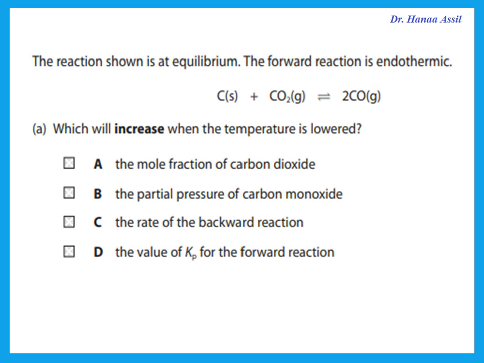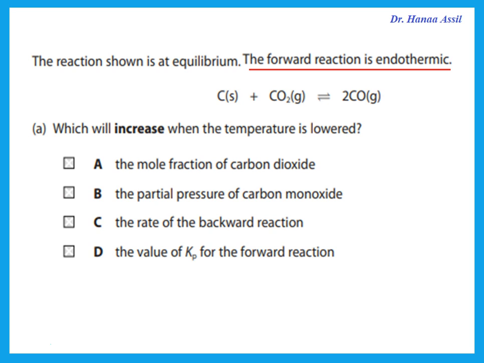Another question, the reaction shown is at equilibrium. The forward reaction is endothermic. And he gives the equation and he says which will increase when the temperature is lowered. So he's saying the forward reaction is endothermic. And that means if I lower the temperature, we said what happens?